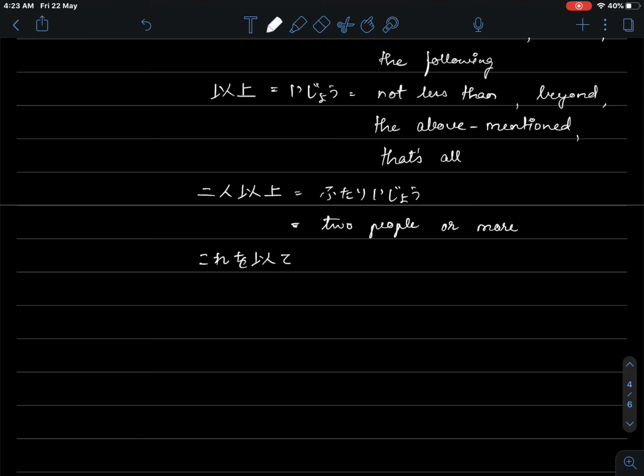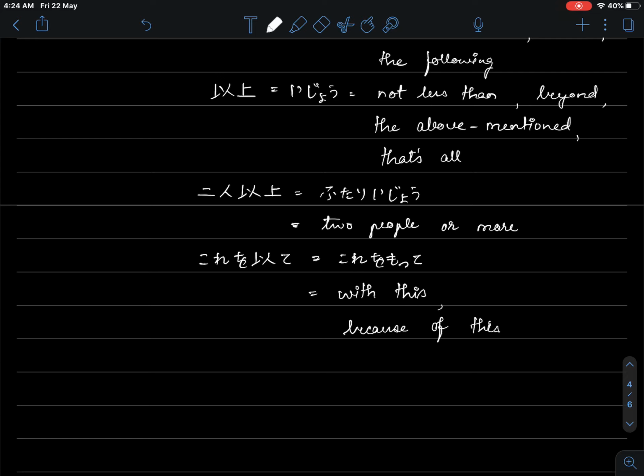This will be read as kore wo motte. Now this will be understood as with this, or because of this.